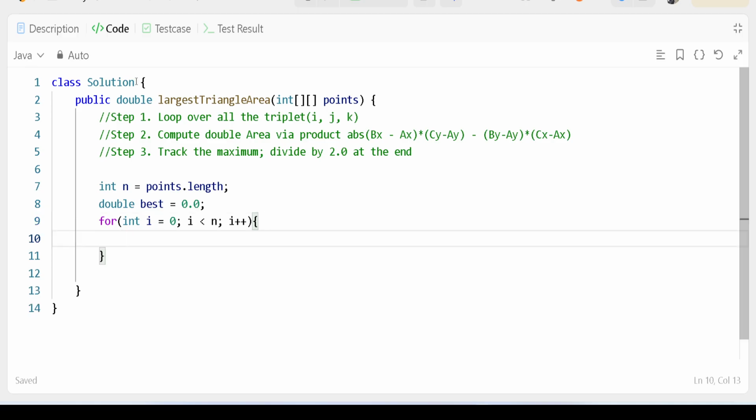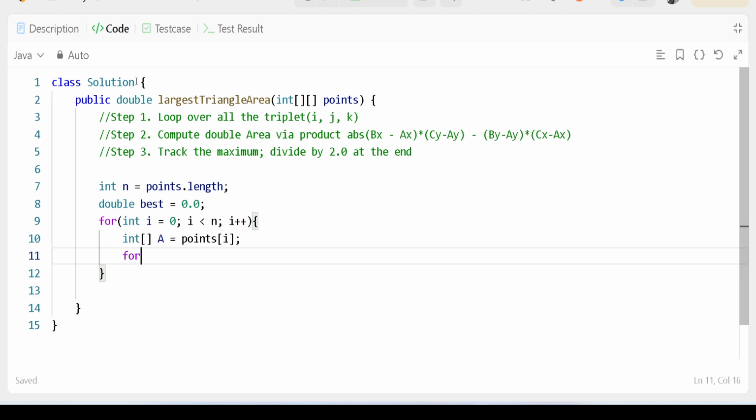Then if we are iterating, find the A. So the points of A we can take from the points, points at I, we can get all the points, correct?